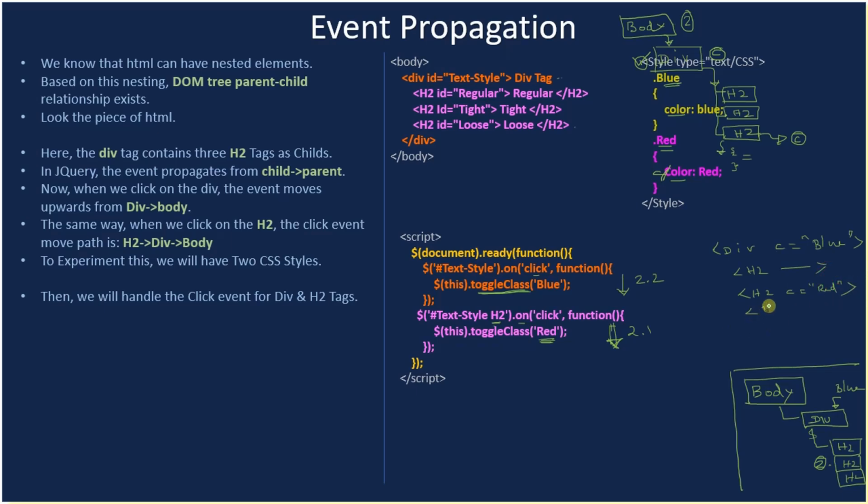So as per the CSS hierarchy, this is the div. The color red is applied for this one, and then blue is applied for the rest. That means because there is a parent-child relationship, blue is applied here, blue is applied here. Here, since there is a class attribute red and it overrides the blue, this will still stay in red color.